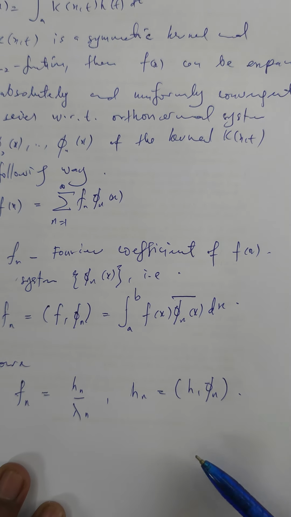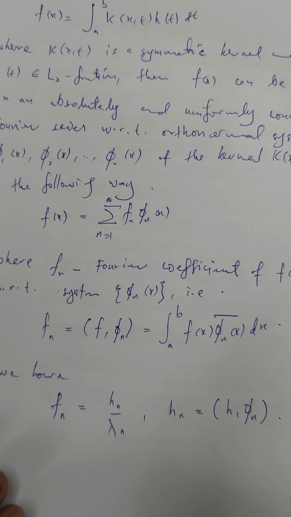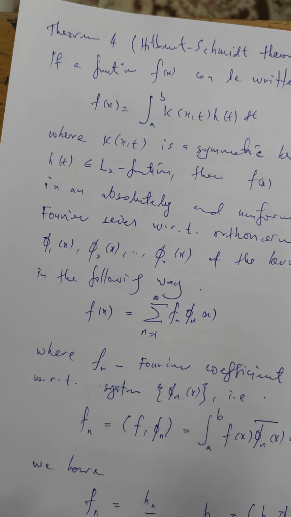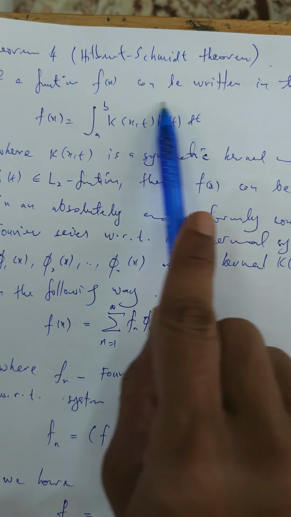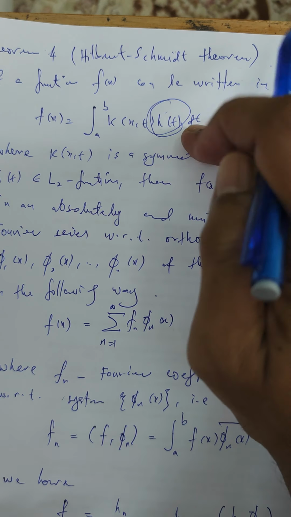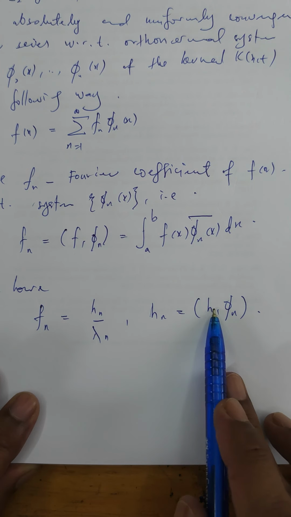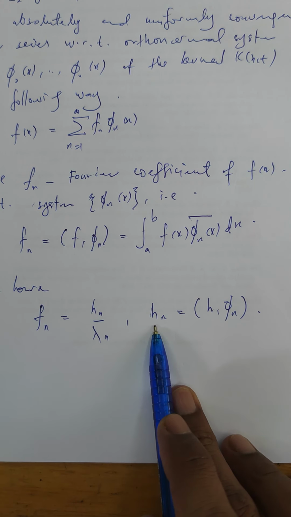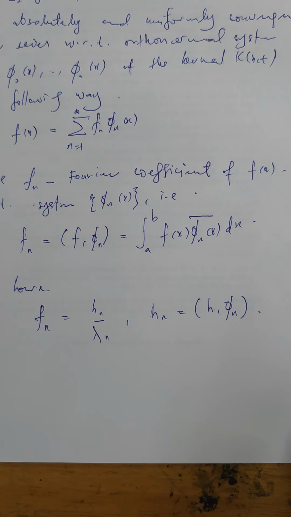Okay, so this h n, if you look from the beginning of the Hilbert-Schmidt theorem, we have f(x) defined as the integration of the kernel and the function h, and this h refers to that, and h n is the Fourier coefficient of the function h.